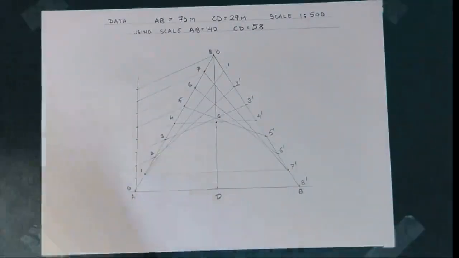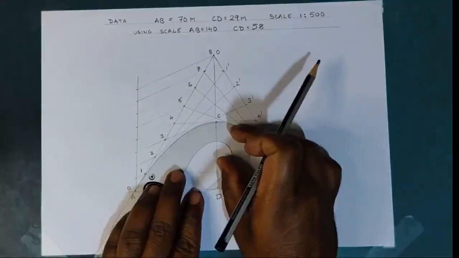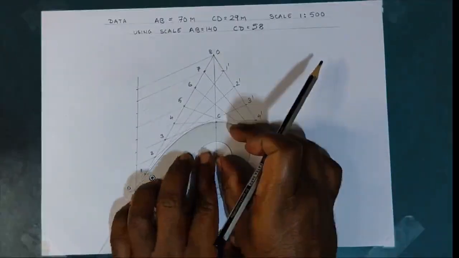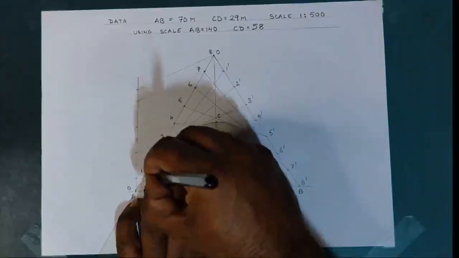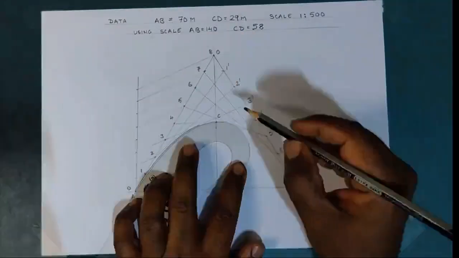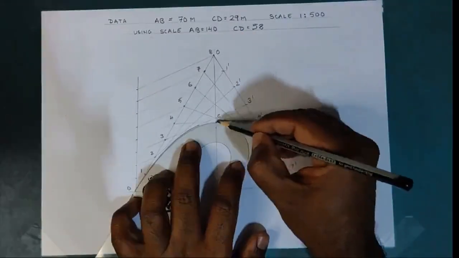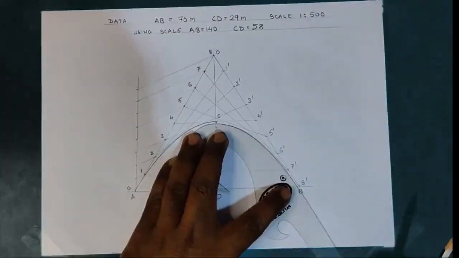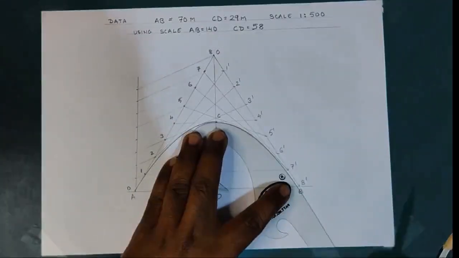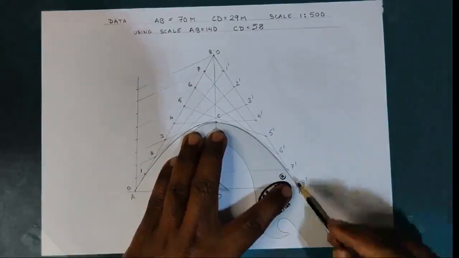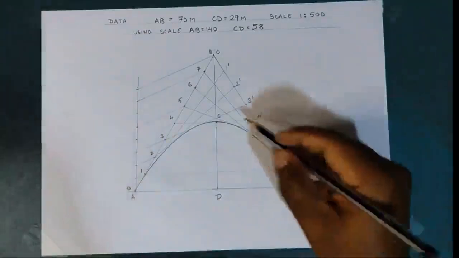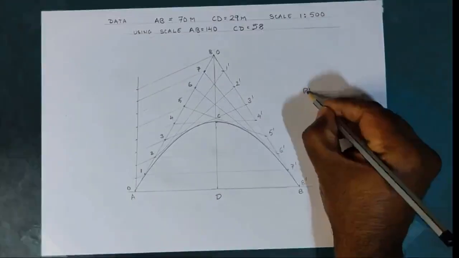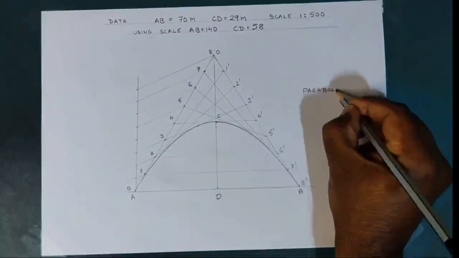So I have got tangents to which I draw a parabola which is tangent to all the tangent lines. So I use a French curve to draw the parabola, which is a smooth continuous curve. So this is parabola by tangent method.